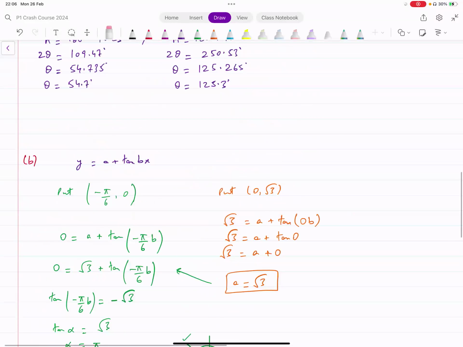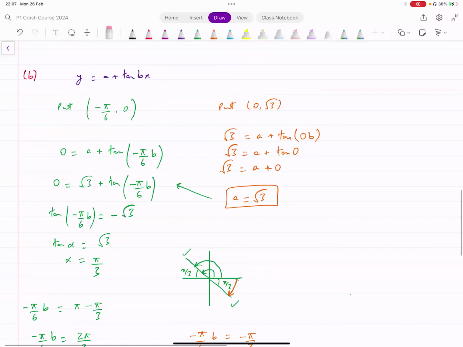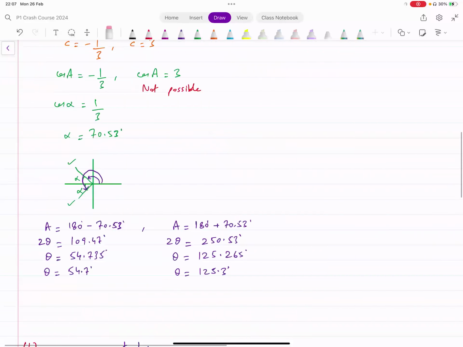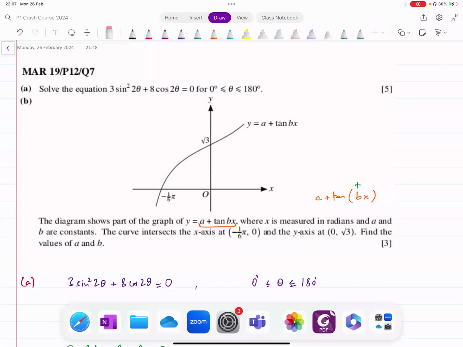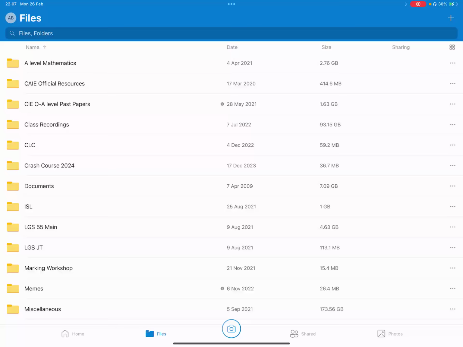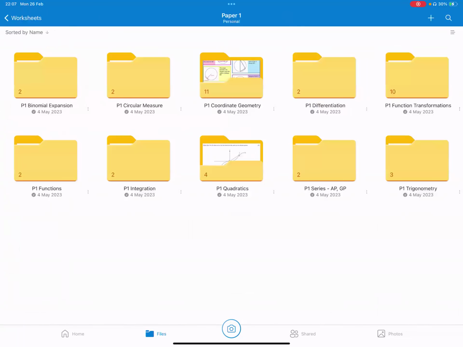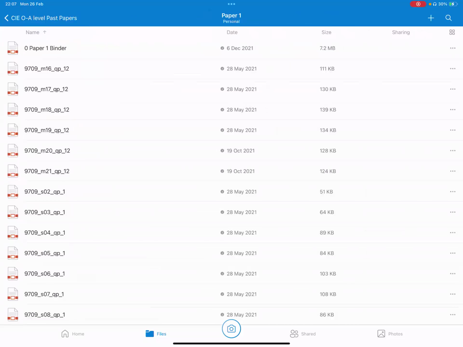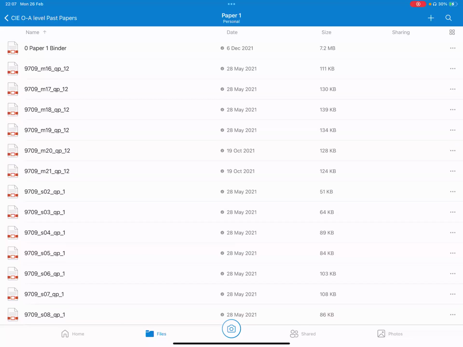Okay, so before we end, I just want to have a look at the marking scheme of this paper to make sure if this is the only method, or do we have anything more efficient that we could use. This is March 19, paper 1, variant 2. Before we end, let's just have a look at that quickly in case we have maybe a more efficient way of doing this. P1, this was March 19, paper 1, variant 2.